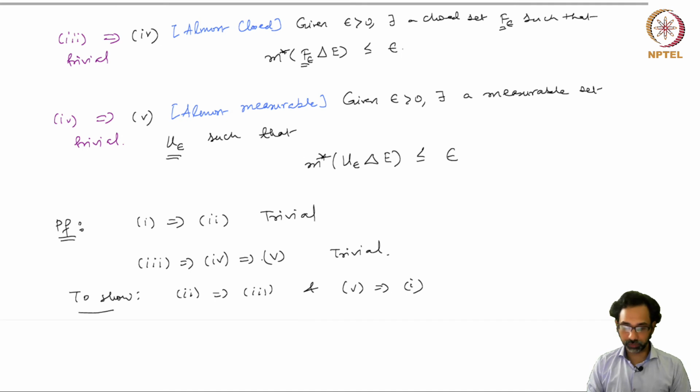So going back to the beginning of the proof, we had two things that we needed to show. The first one was that 2 implies 3, so this we did, and now we have to show that 5 implies 1.